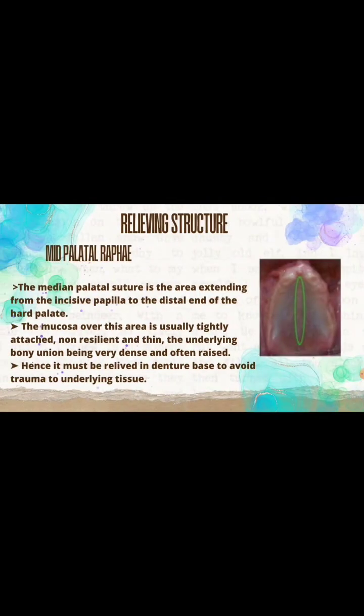The midpalatine raphe is a structure extending from the incisive papilla to the distal end of the hard palate. The mucosa over the area is usually tightly attached, non-resilient and thin, with underlying bony union, being very dense.